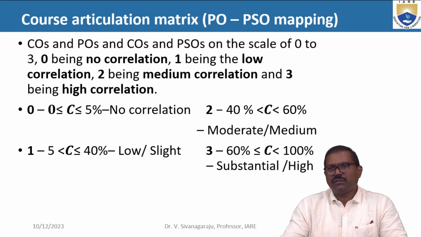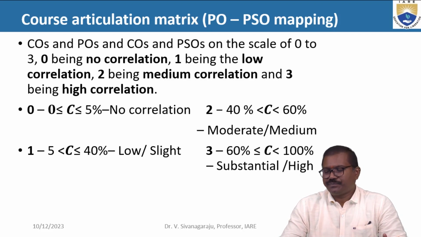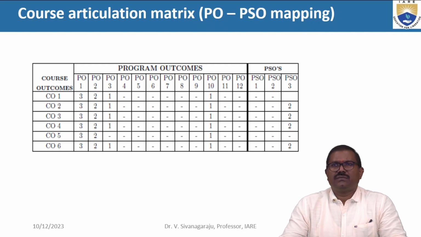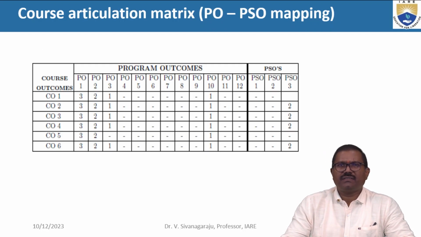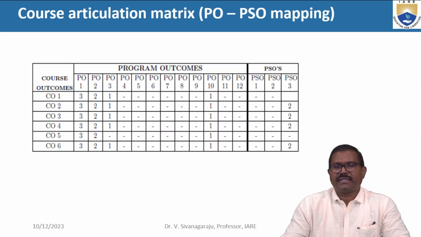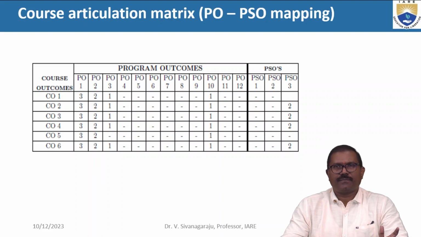From 40 to 60 is medium, and 60 to 100 is a high correlation. So 4 scales are given. For the course articulation matrix, you take it depending on the weightage. For 100% you get 3, for 50% you get 2, and less you get 1. When you get 3, it means highly correlated, 2 means medium, 1 is low, and when you get 0, there is no correlation.